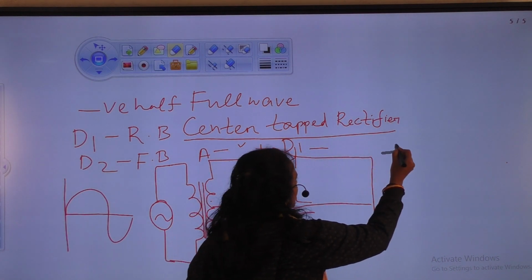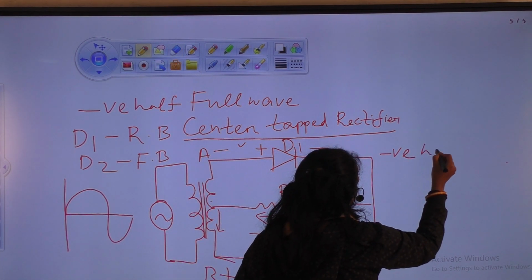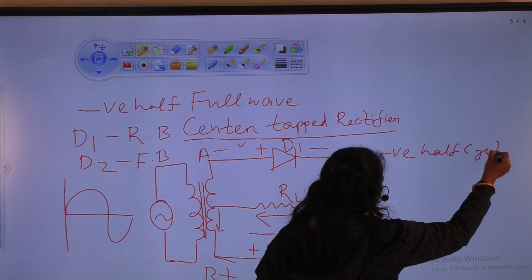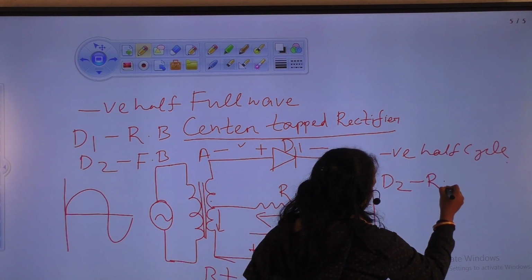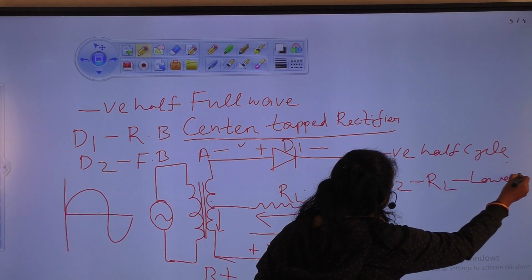So in negative half cycle, current flows through diode D2, load RL, then lower half winding.